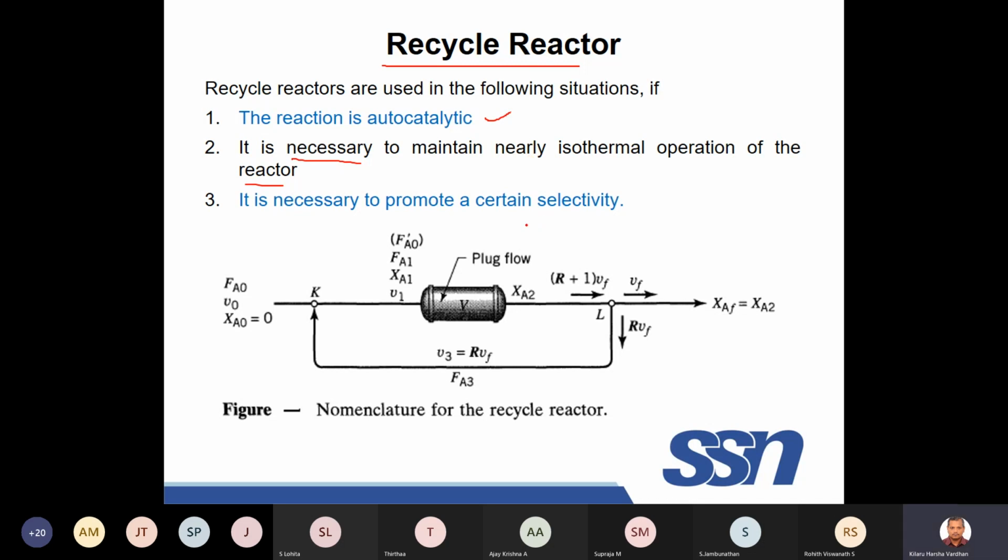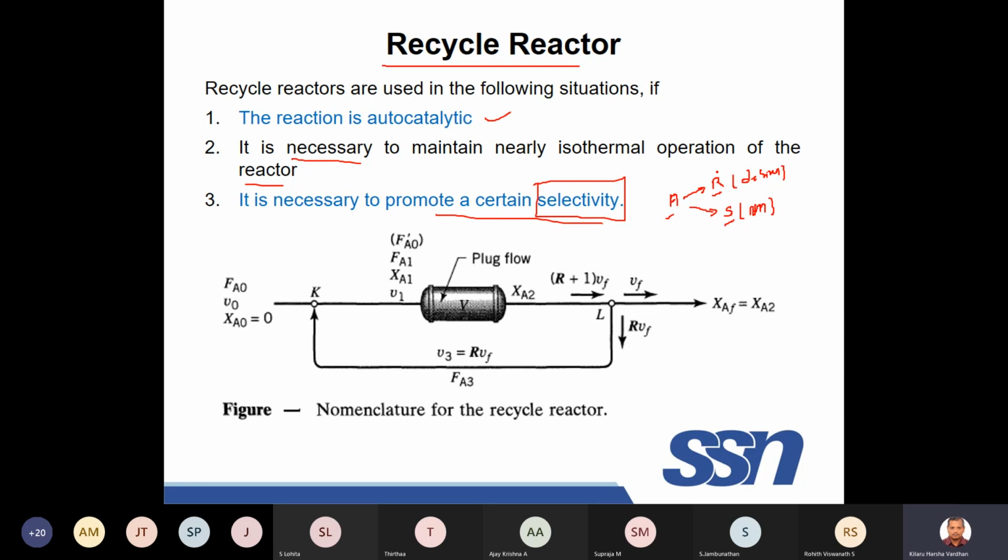One more situation where you use this recycle reactor is to promote selectivity. Till now, I didn't mention what this selectivity is. Selectivity is this: if A is giving you R and A is giving you S, where R is desired and S is undesired, then A should give only R, not S, because S is undesired.